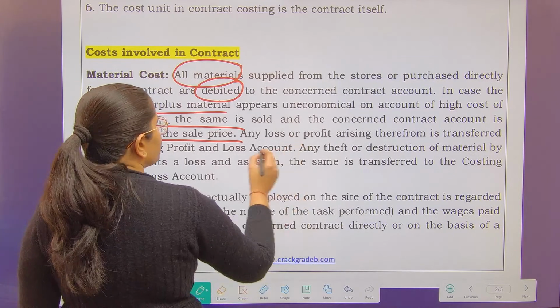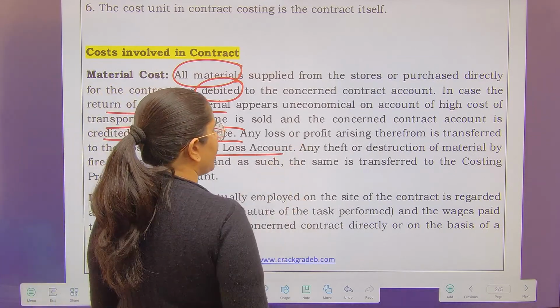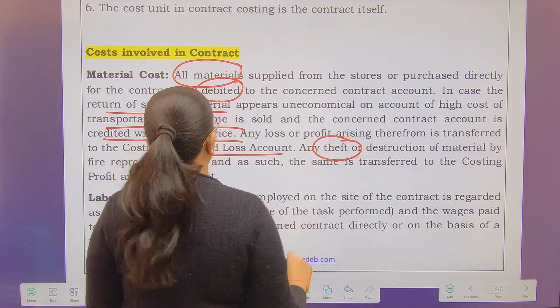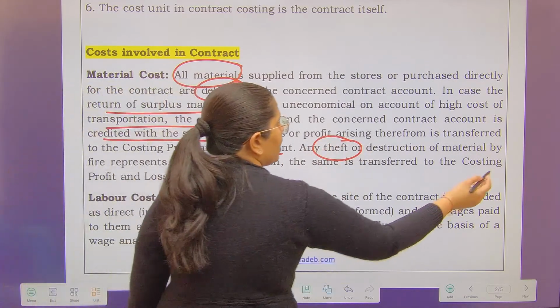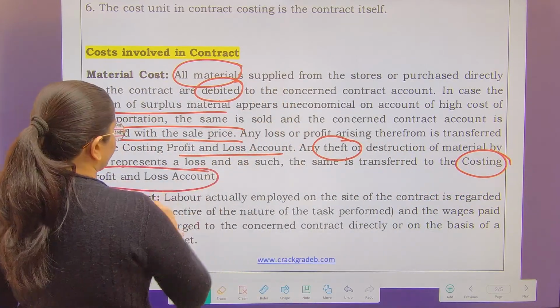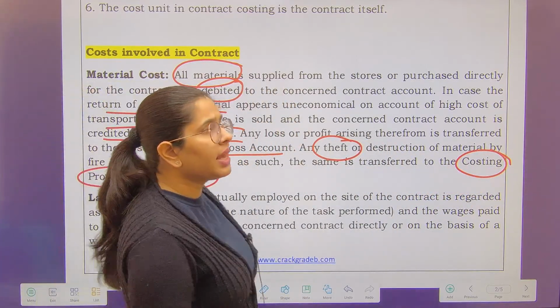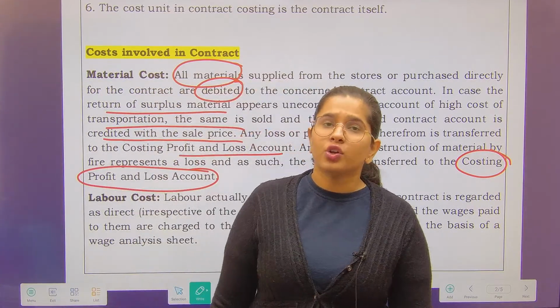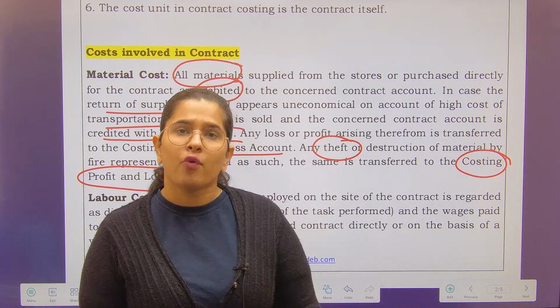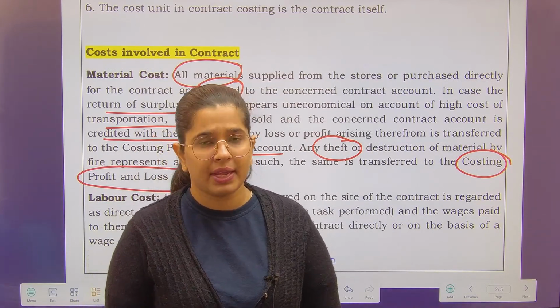Any profit or loss will be transferred to the costing P&L. If there is any theft, then that will also be transferred to the costing P&L. Now all the expenses which are not directly relevant to the contract account will be transferred to the costing P&L.